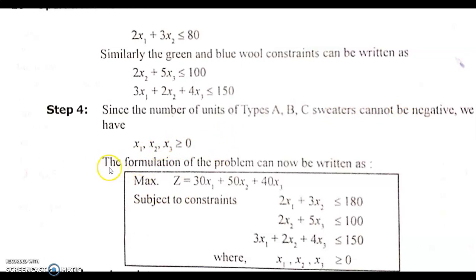So at the final step, the formulation of the problem can be written as maximize Z. First we write the objective function, then subject to constraints. Whatever constraints we have written in the third step, you have to write, and finally the fourth step. So this is the idea of how to create a linear programming problem. Okay.